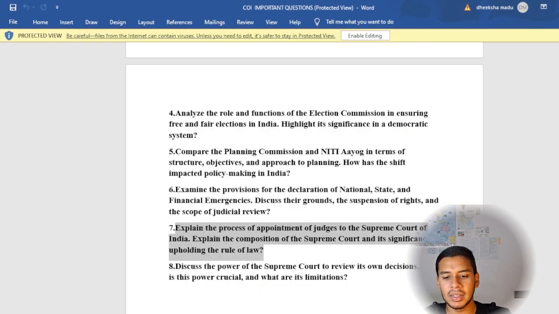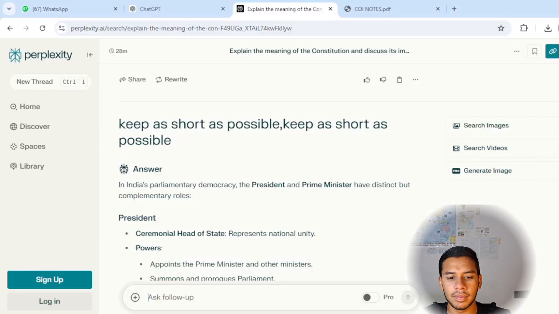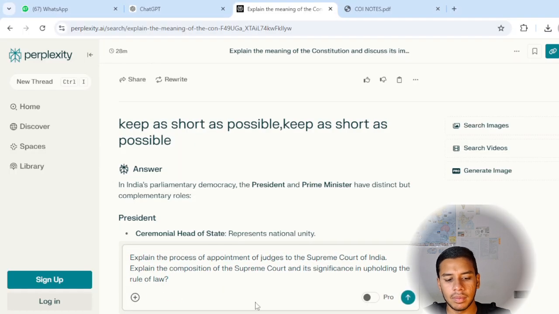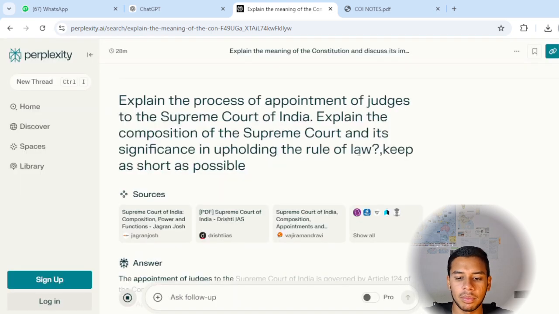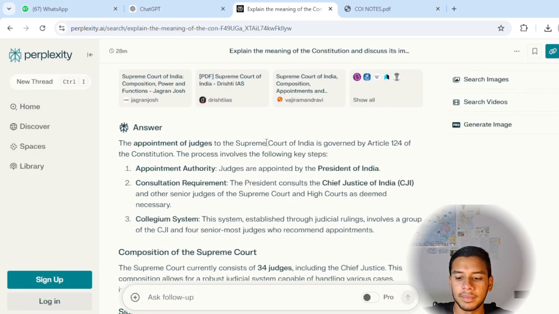Why is it not pasting this? Now I think, keep as short as possible.